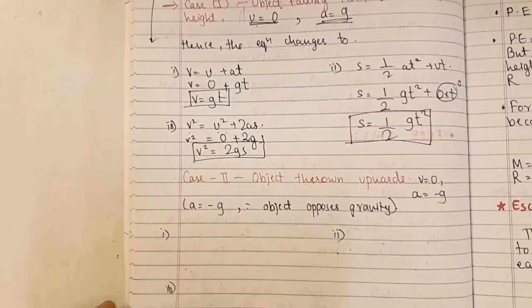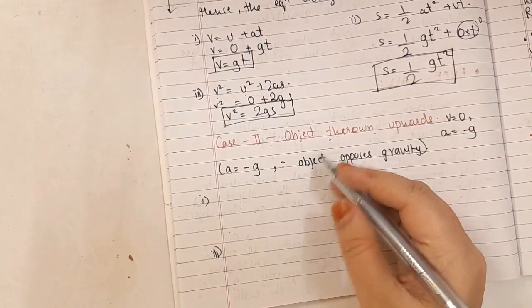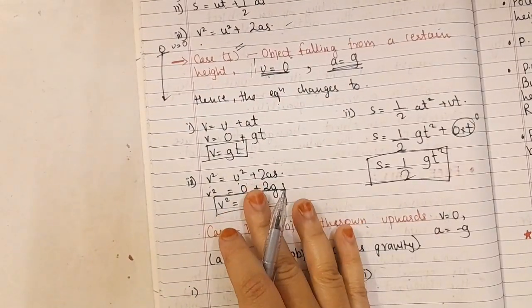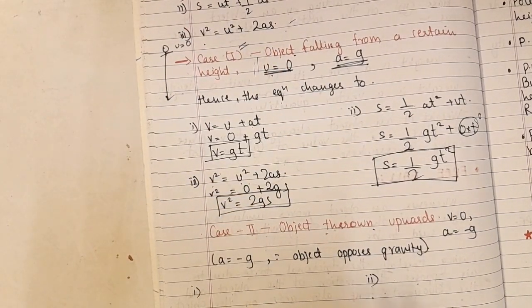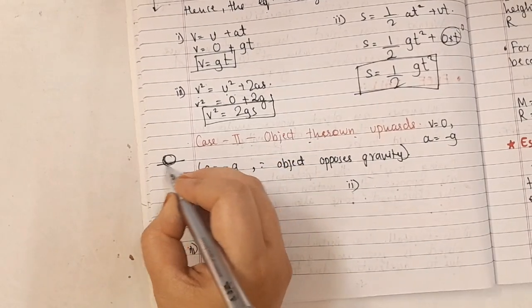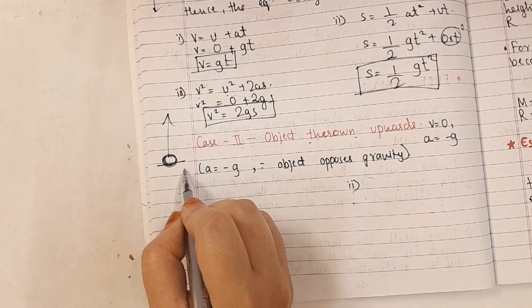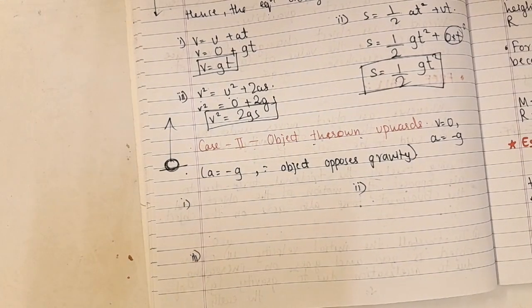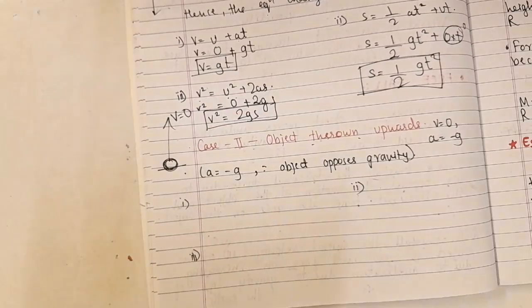Now we have the second case, where the object is thrown upward. In the first case, the object falls downward towards the surface of the earth. In the second case, the object is thrown in the upward direction. In this case, the final velocity will be 0.